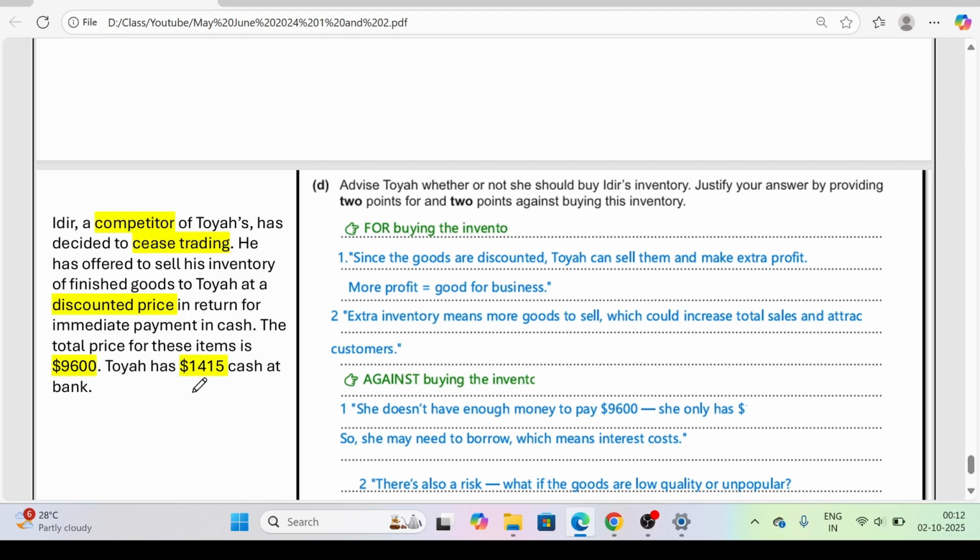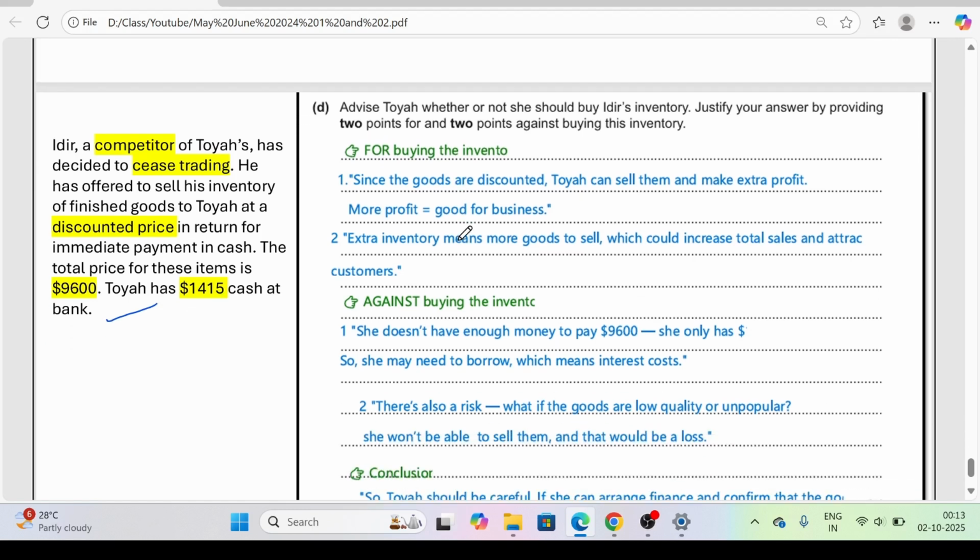Toya has only $1,415 cash at the bank. Now advise Toya whether or not she should buy Idris's inventory. Justify your answer by providing 2 points for and 2 points against buying his inventory.